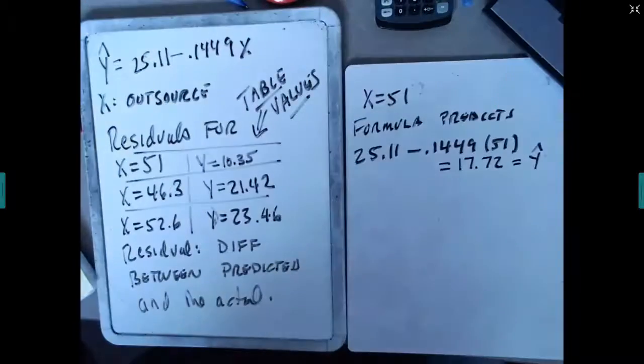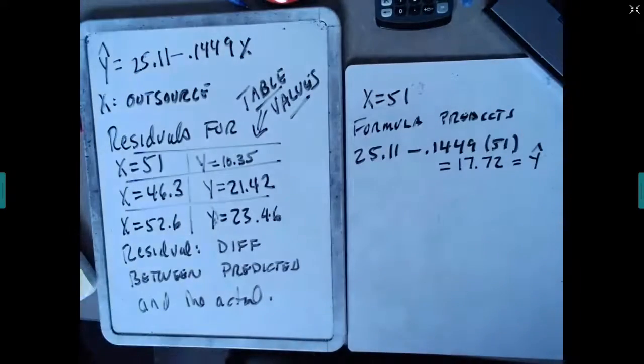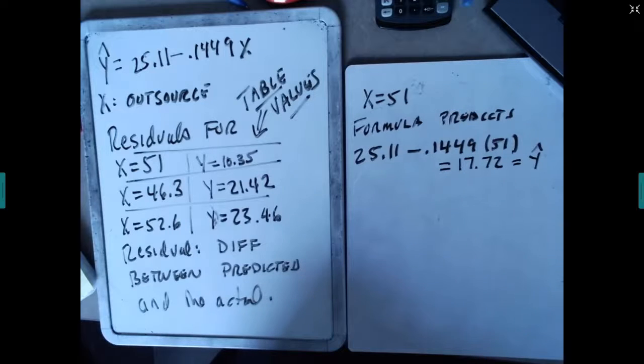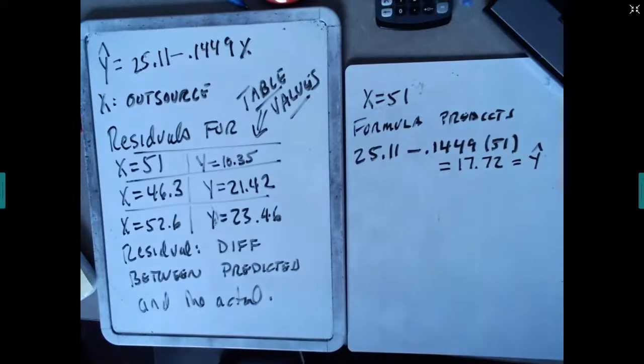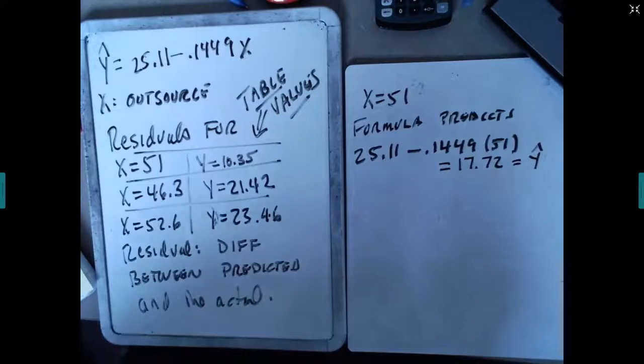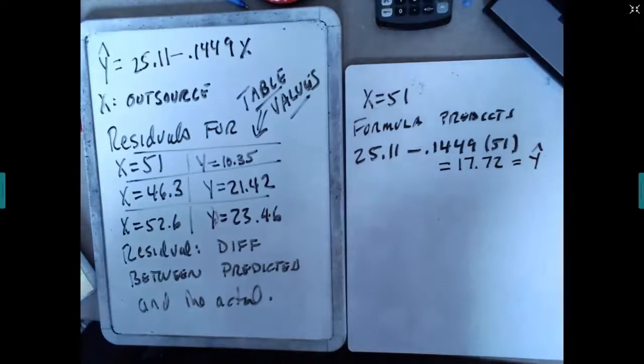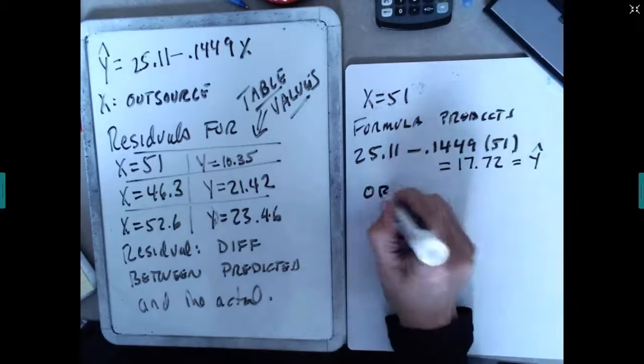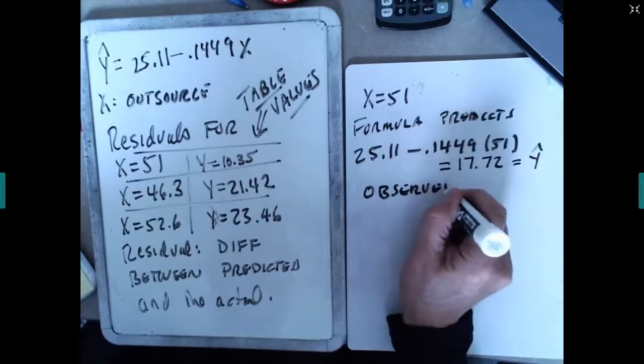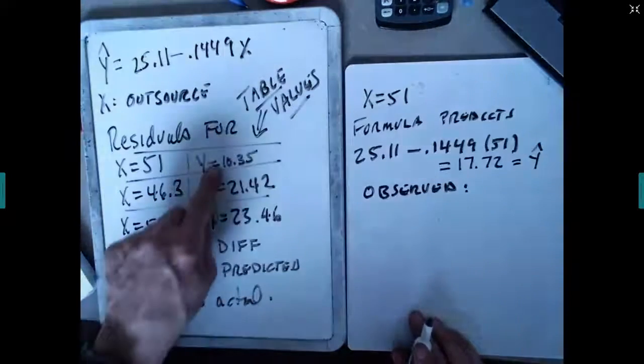Now, I want to check briefly which goes first, because I want to be close to the textbook here. Okay, it's observed minus predicted. The observed is the table value, that's 10.35.